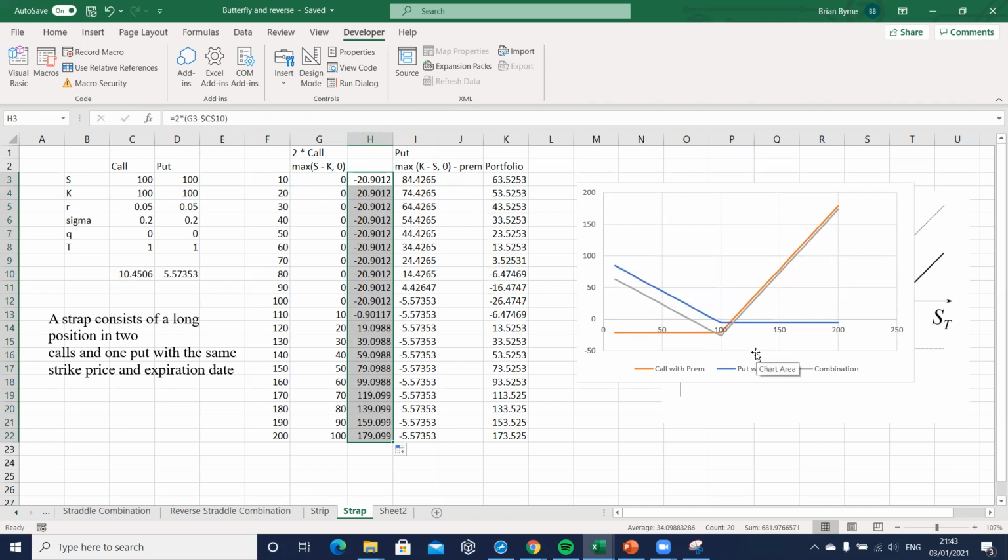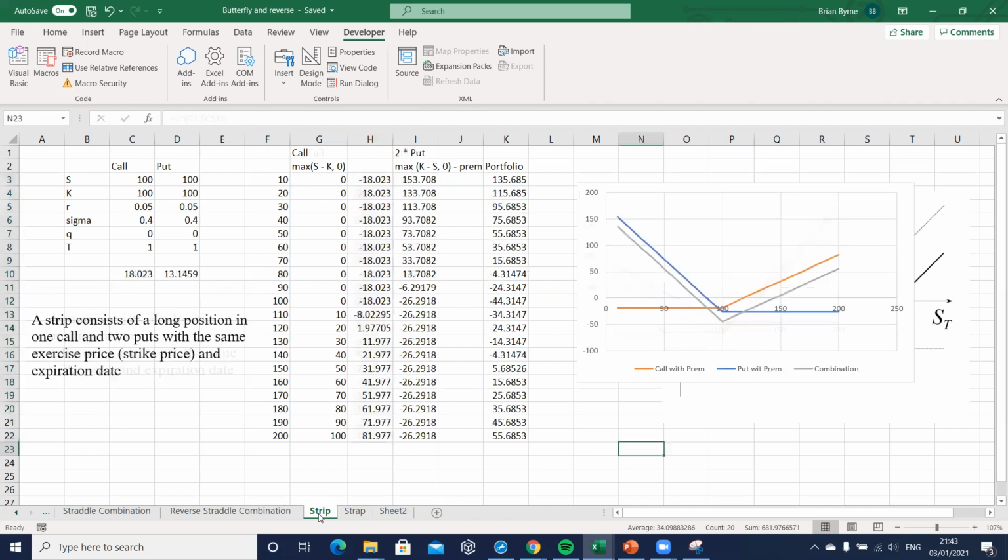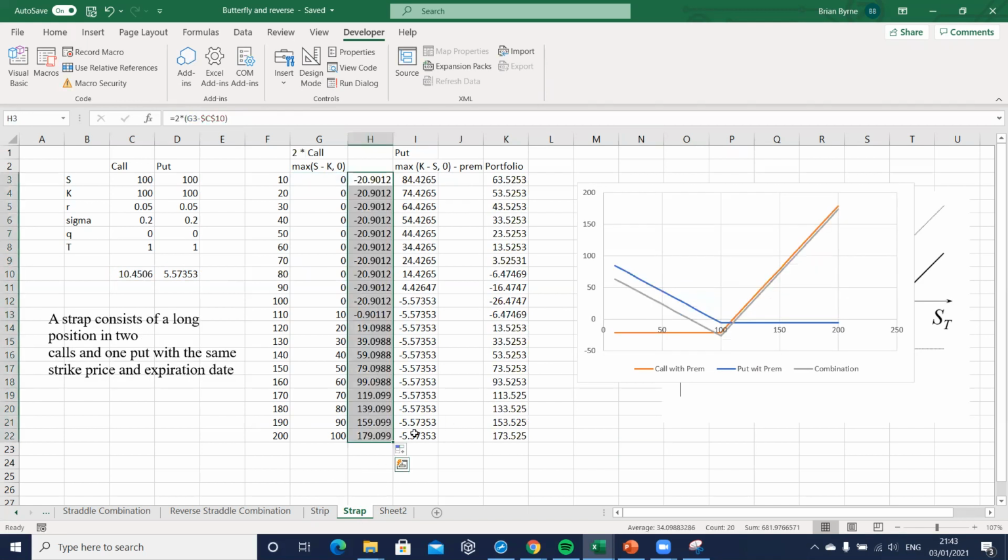And what we observe here, different to the strip, is that with the strip strategy, which was 2 puts, there was more upside as the underlying asset price fell. With the strap strategy, we've 2 call options, so that tips the payoff more in favor of the stock price going up.